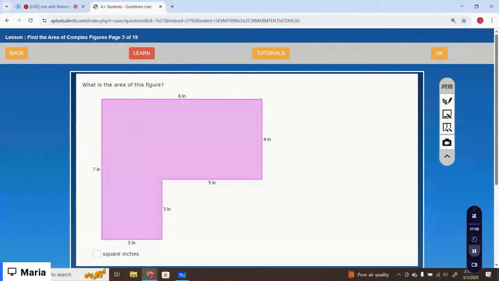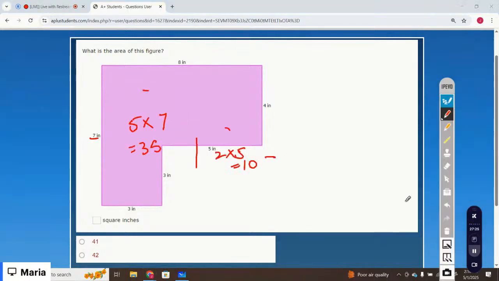What is the area of this figure? Let's just divide the figure into two smaller figures and then calculate their areas.